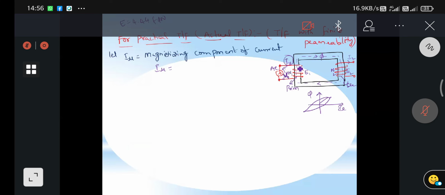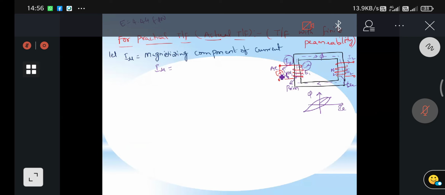This current has to be magnetized or excited, so that magnetizing current is nothing but I mu.